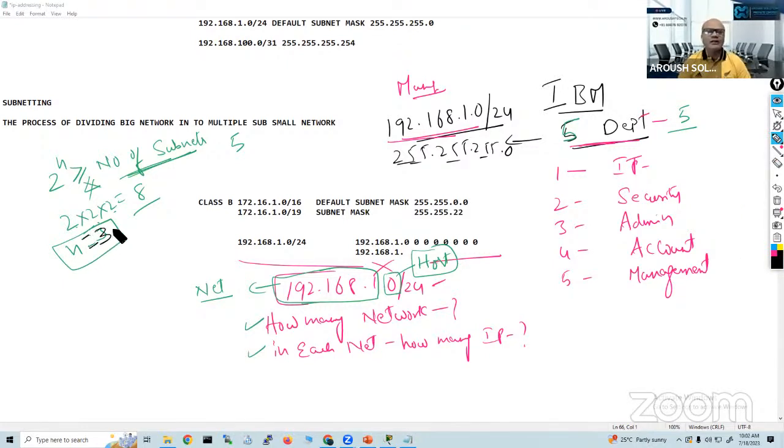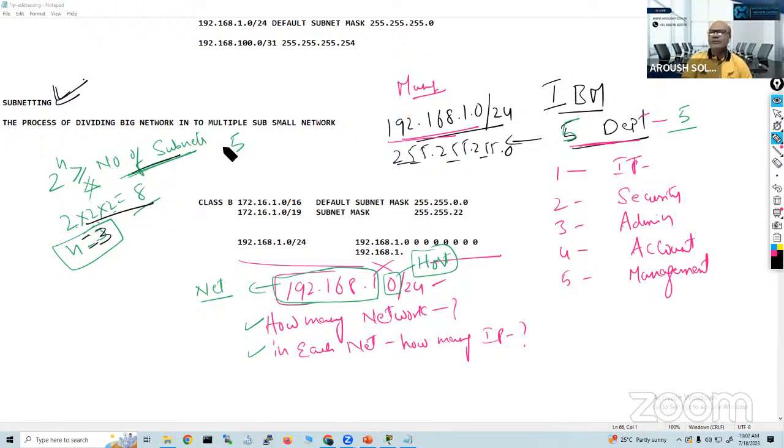There are a lot of ways to calculate, Lakshman. This is the way I know. Hafiz, do you have any idea about another way to calculate subnetting? I use these techniques to calculate subnets because it's very simple.